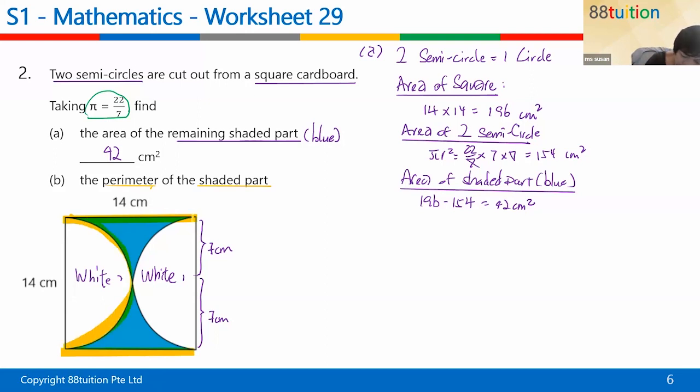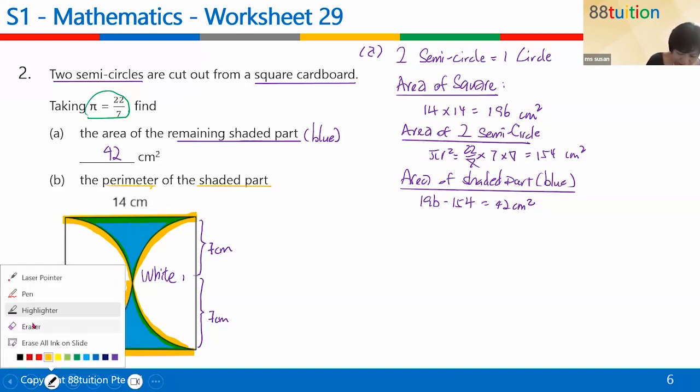What do you call this? Semicircle plus semicircle. It's like an hourglass. Okay, so this one, it looks like that. Semicircle plus semicircle, shaded region.